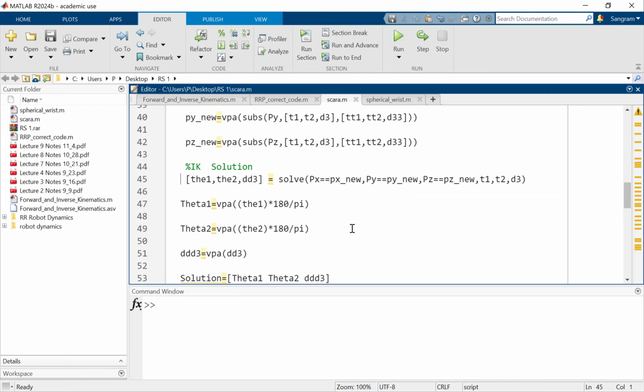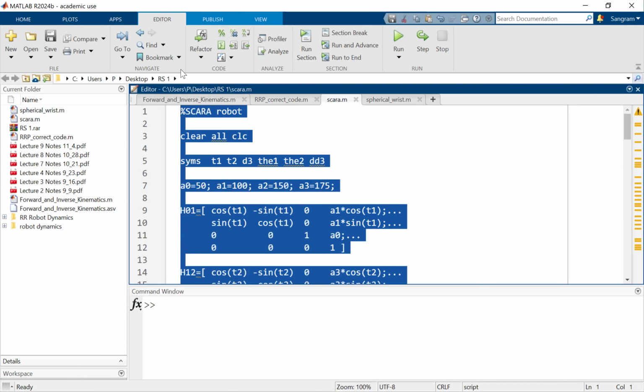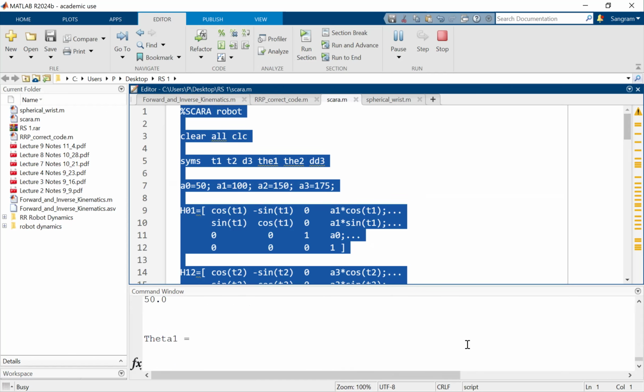So I'm trying to use inverse kinematics in a wrong fashion without thinking. I want you to run this code and see what happens. Copy this code from here to here, right click, evaluate selection, and you may get some garbage answer.